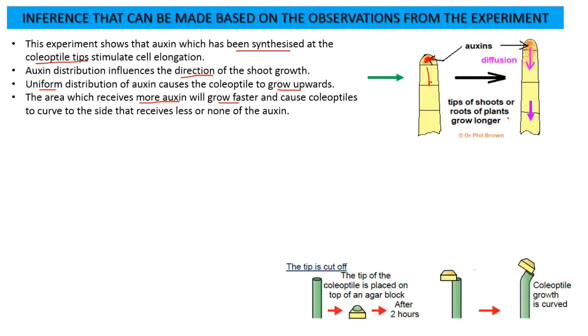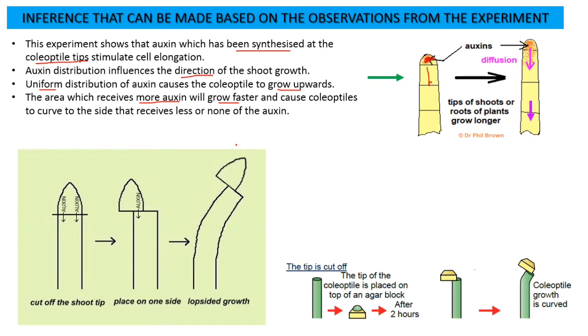Okay, how about the agar block that is placed on only half of the coleoptile? The auxin is produced at the tips of the shoot, and then it diffuses to the cell elongation zone. This is the uniform distribution of auxin.